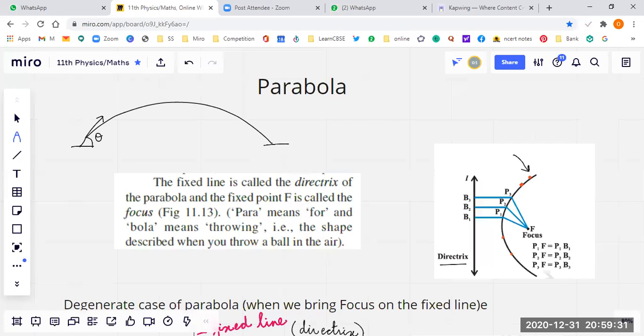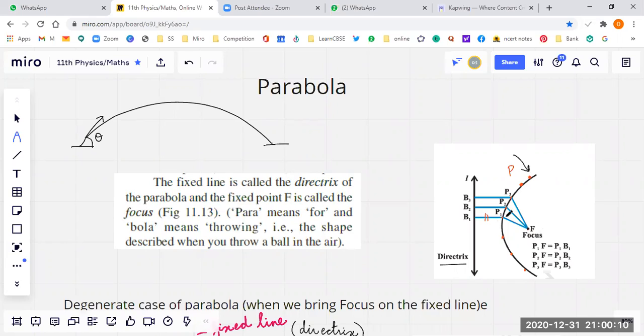For example, it is at P1, P2, P3. The movement of this generating point P is such that wherever it is on the parabola, its distance from the fixed line, that is PB1, is always equal to its distance from a fixed point which is known as the focus.